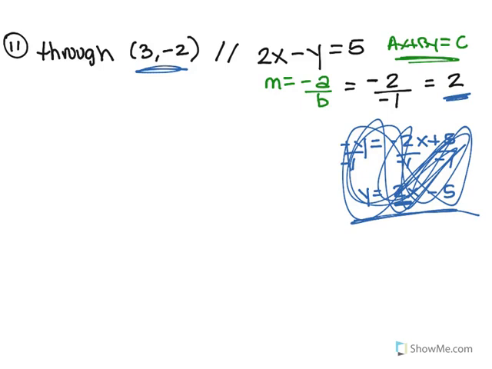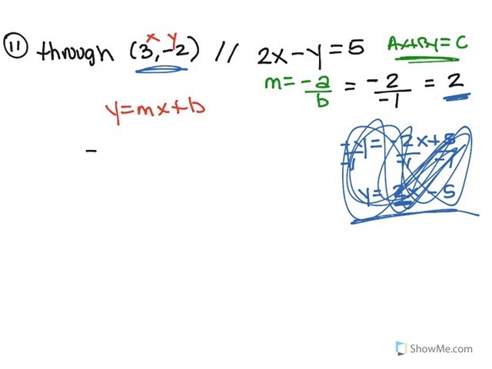Now you're going to do what we've been doing on the other ones. Now that you know what m is, and you have the point that's on the line you need, you're going to take those numbers and plug them in to find the y-intercept for your line. Does it make sense? We still don't know b. I want to make sure that's clear.